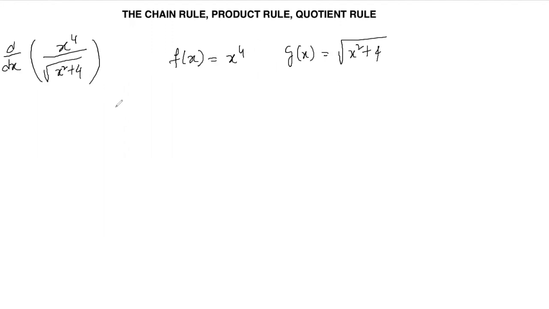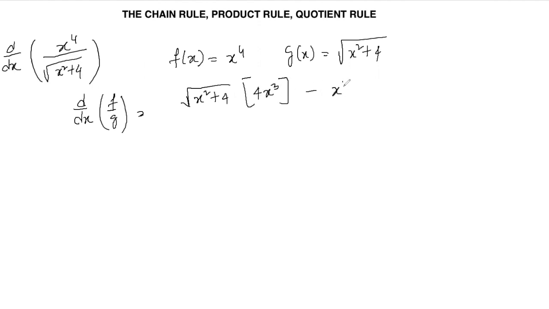Okay, so the quotient rule, d by dx of f by g, which is g, the square root of x square plus 4, times the differentiation of x power 4, which is 4x cube, minus x power 4 into the differentiation of square root of x square plus 4.